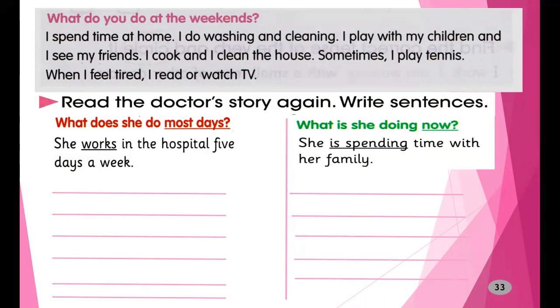So I do washing and cleaning. I play with my children. And I see my friends. I cook and I clean the house. It's a repeated thing for her. She said I cook and I clean the house. Sometimes I play tennis.